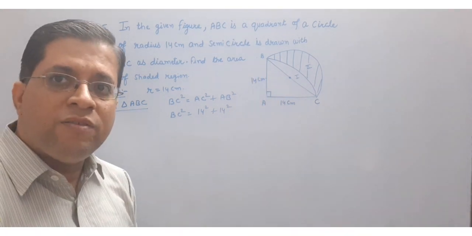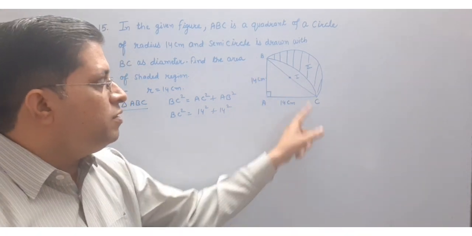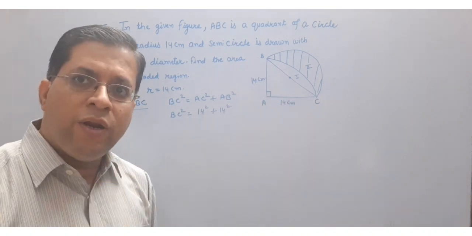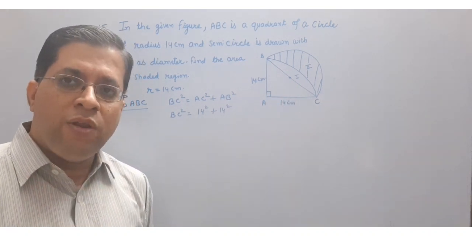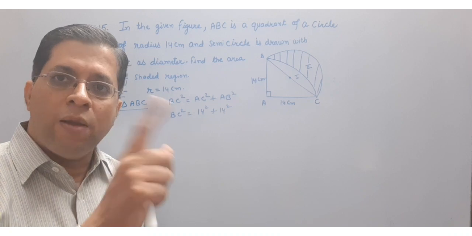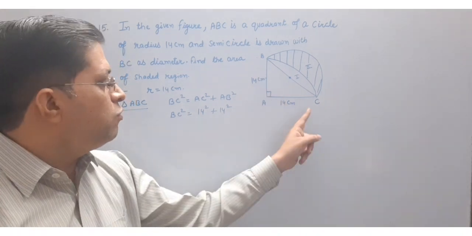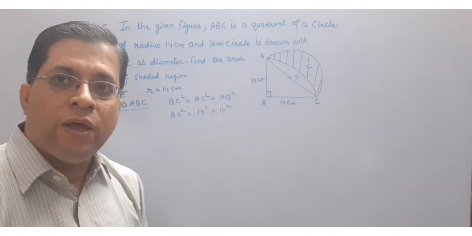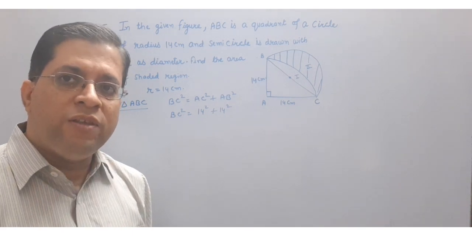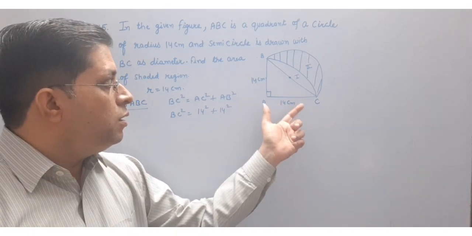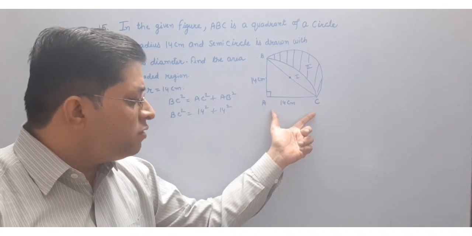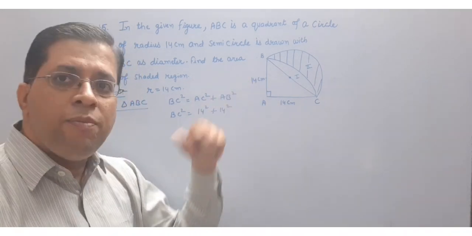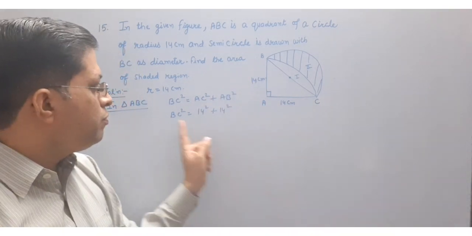What will be the value of BC? For right triangle ABC, BC will be the hypotenuse, and hypotenuse square we know, h square is equal to b square plus p square. So BC square is equal to AC square plus AB square. BC is what you have to find. Two other sides are given to you, AC and AB, 14 and 14.